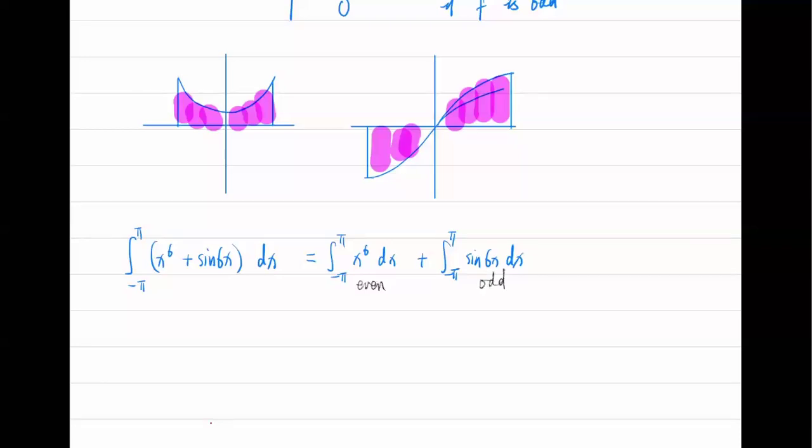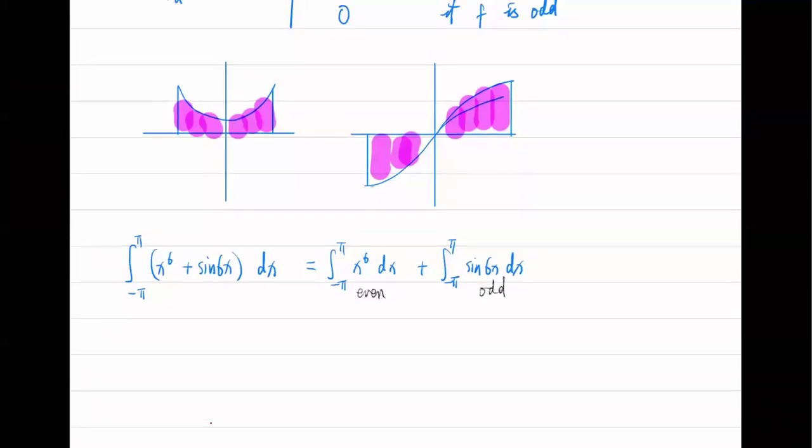So by the symmetry property, twice and 0.